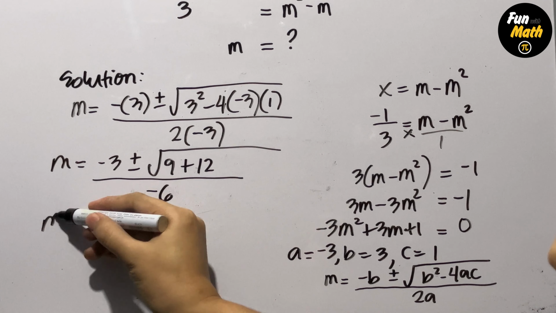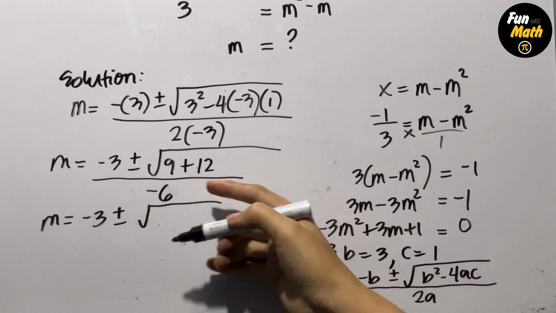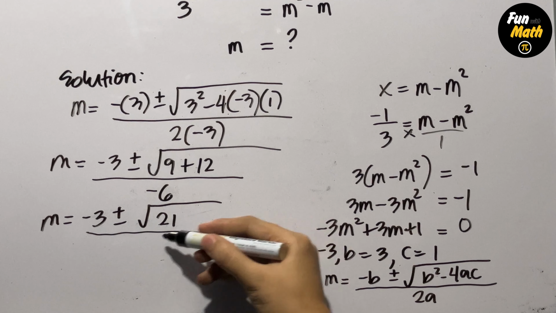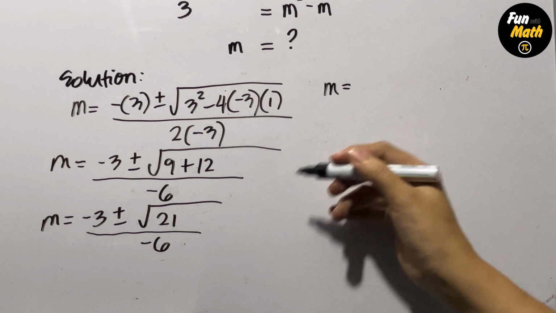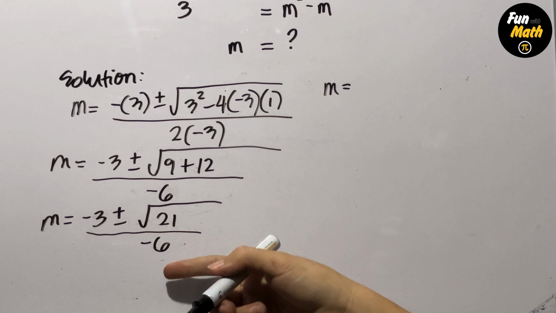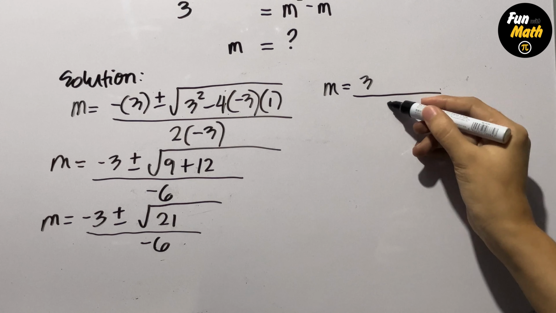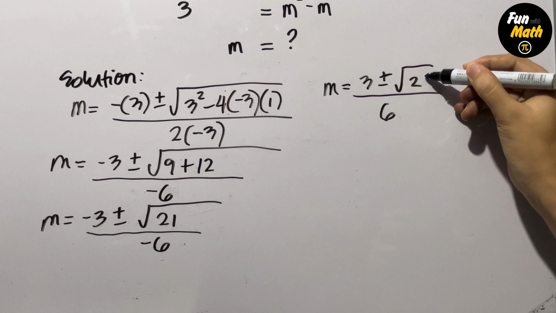And this is m equal to negative 3, plus or minus the square root of 9 plus 12, that is 21, all over negative 6. And then next, m is equal to negative 3 divided by negative 6, that is positive 3 over 6, and then plus or minus the square root of 21.